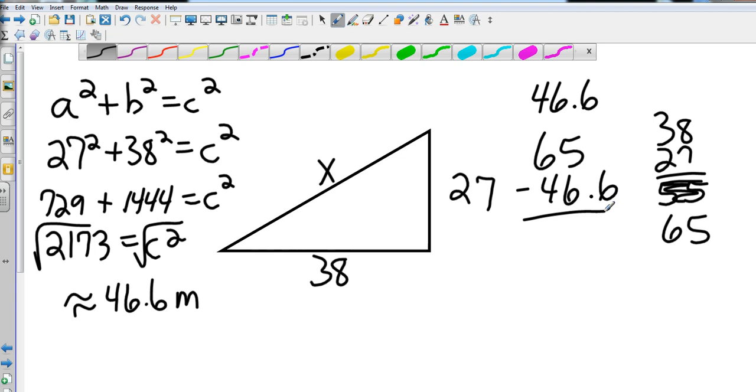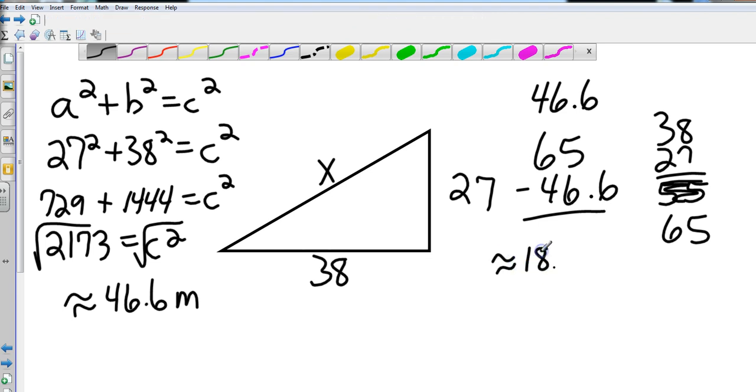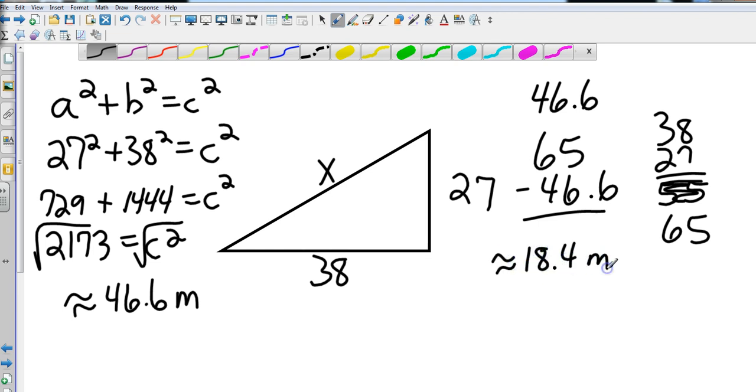Again, just reading the question, I actually failed to do that too. That's my mistake. So she's going to save approximately 18.4 meters. Taking the total amount walked and subtracting the total amount swam gives us the total savings in meters.